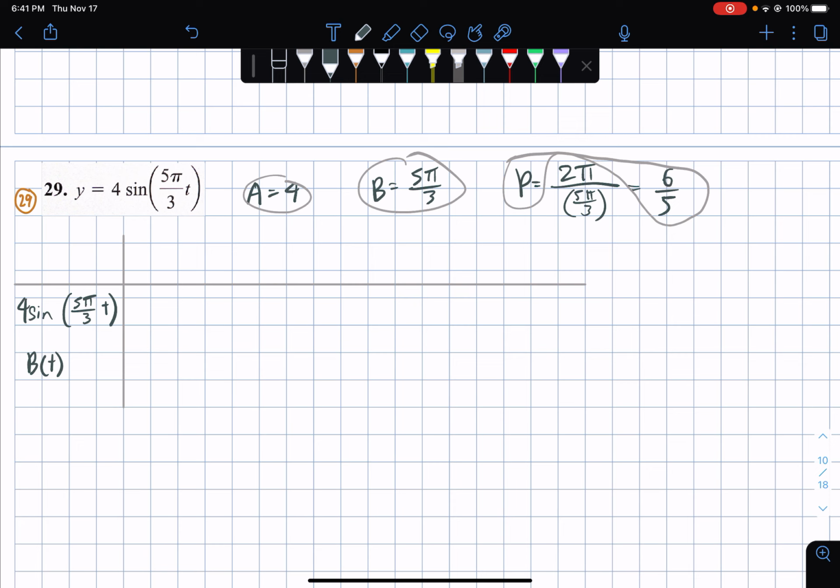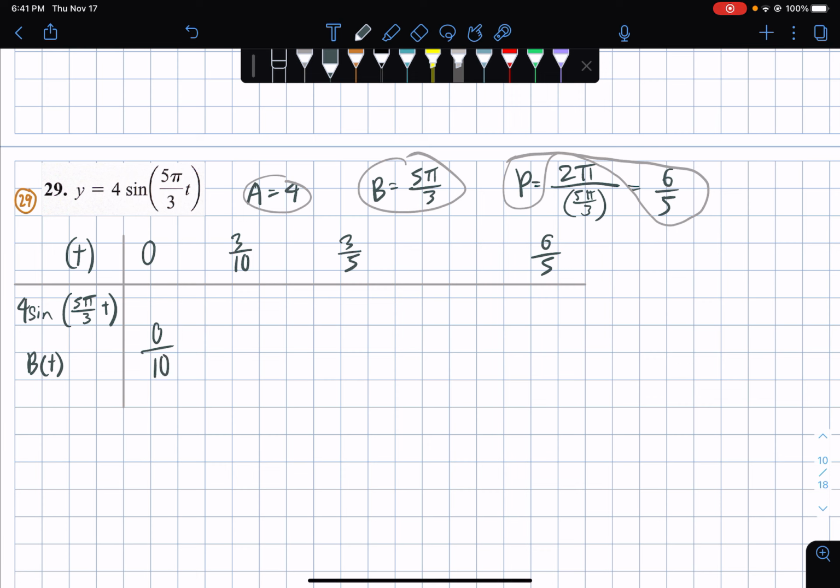So we know that the t variables start from 0 all the way to the value of the period, which is 6/5. 6/5 divided by 2 is 3/5, and 3/5 divided by 2 is 3/10.